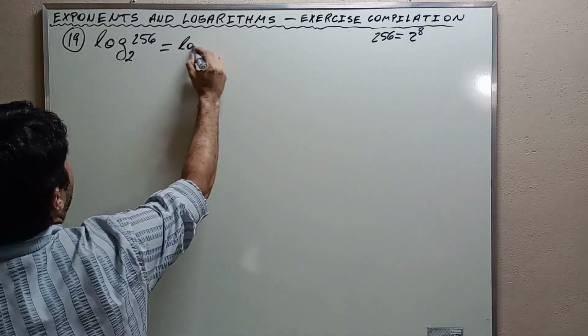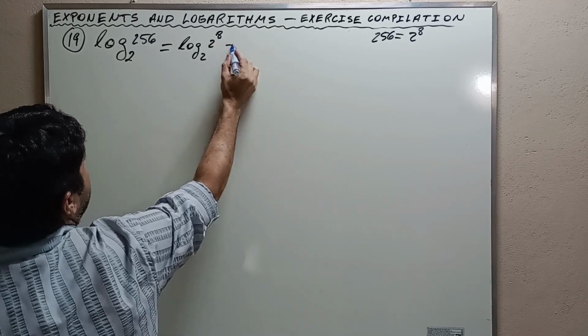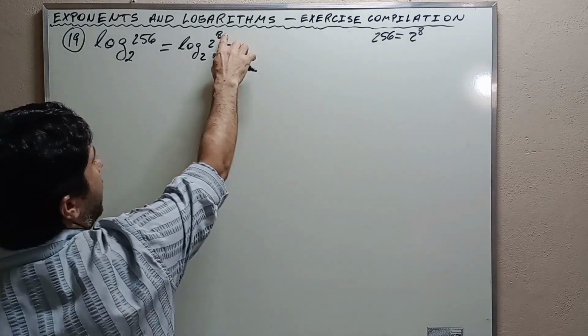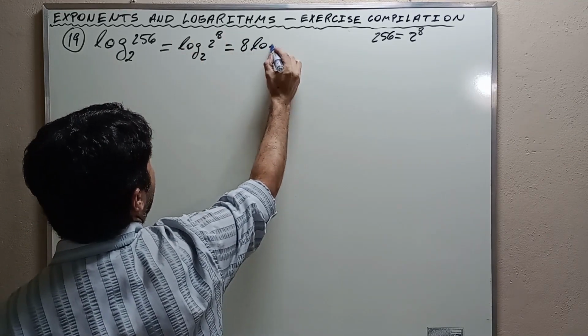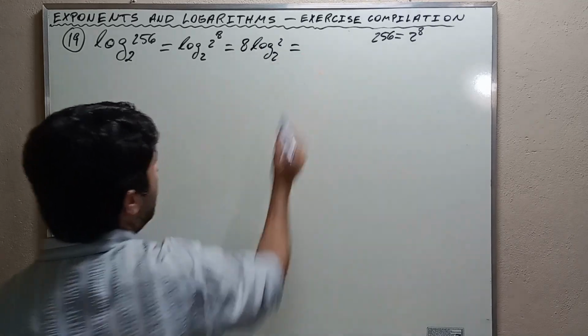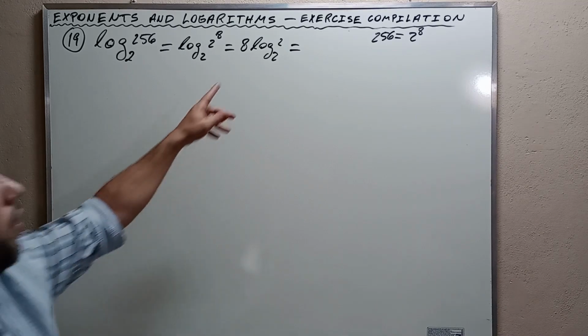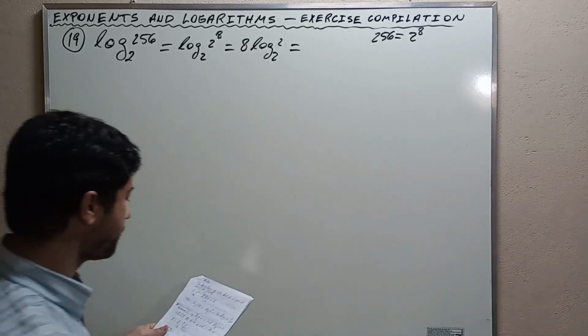And converting, it becomes the logarithm of 2 to the 8th power base 2. And use one of the properties that I just wrote on board, you're going to remember that we can pass this power multiplying: 8 times the logarithm of 2 base 2. And resorting again to the identities that I wrote on the board, the logarithm of any number in its own base is equal to 1.